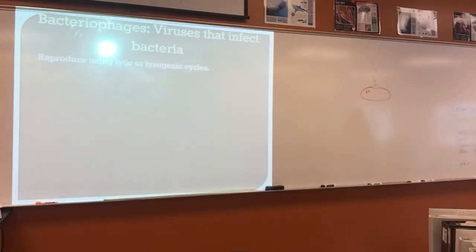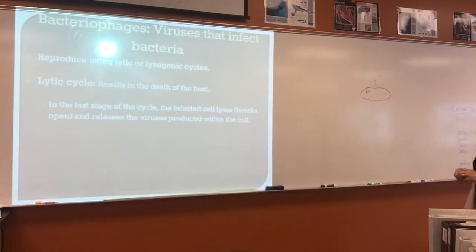So these guys reproduce in a couple of different ways using the lytic or lysogenic cycle. The lytic cycle results in the death of the host cell. So this is for bacteria, and it's going to kill the bacteria that it infects.